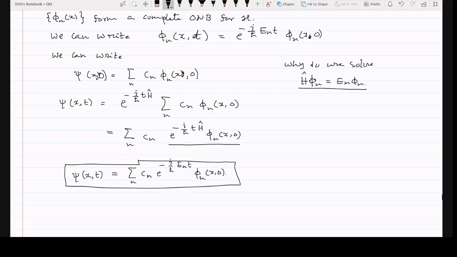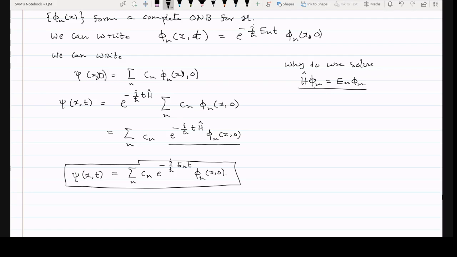Because if you know these eigenstates, then the time evolution of any arbitrary state can be obtained by expansion like this. This is the reason, because what is the aim of any dynamics? The aim of any dynamics is to start from an initial state and find out the state at any time later.